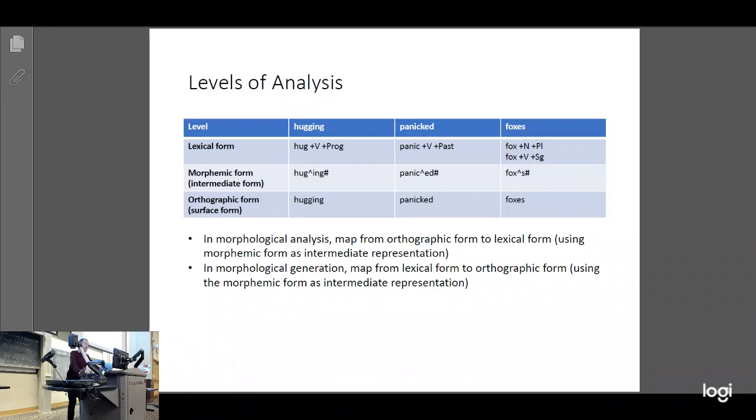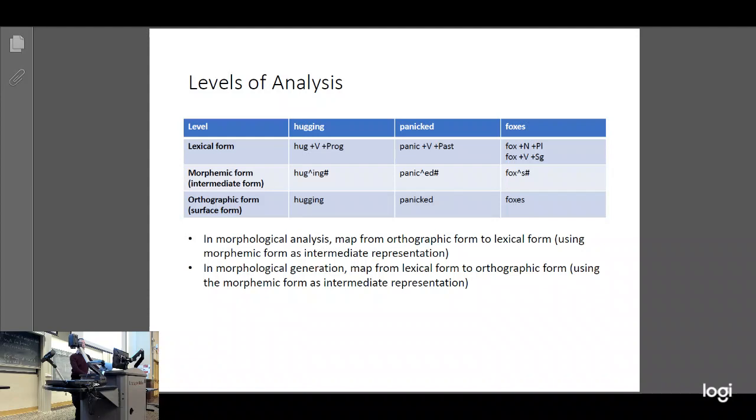So the basic problem here, in morphological analysis and morphological generation, is getting between this form, which we'll call a lexical form, which is basically the lemma, the dictionary form of the word, and some set of morphological properties, usually inflectional properties.